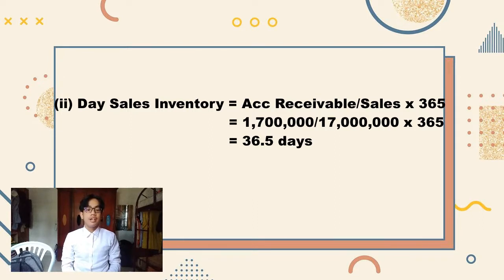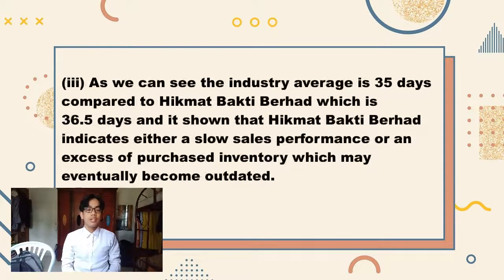36.5 days. Compared with the average industry, as we can see, the average industry is 35 days compared to Hikmah Bati Berhad, which is 36.5 days, and it shows that Hikmah Bati Berhad indicates either a slow sales performance or an excess purchase of inventory, which may eventually become outdated.